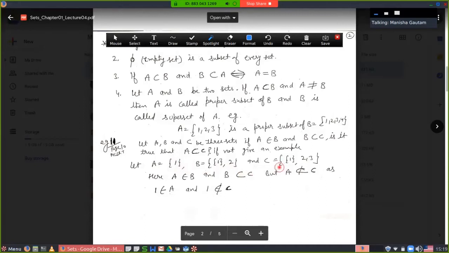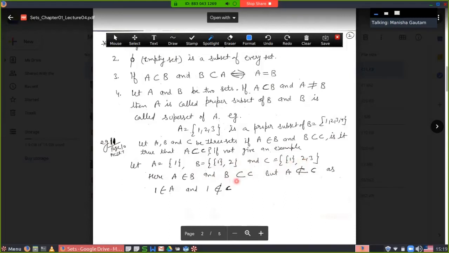And C has elements {1}, 2 and 3. Now here you can observe A belongs to B. Look here, this is set A. This belongs to set B. And B is a subset of C. It means every element of B belongs to C. Check here, the curly bracket with 1 is here, 2 is here, and 2 is also here in C.